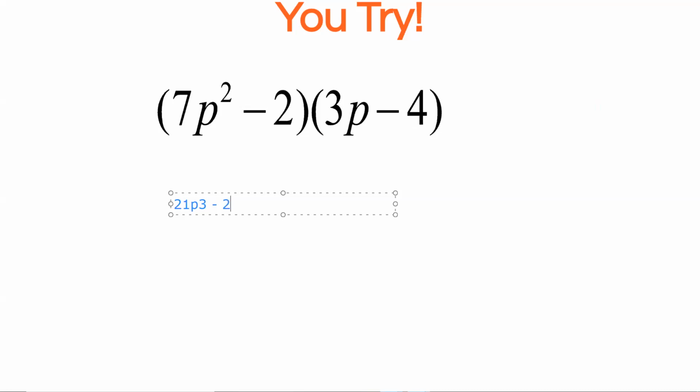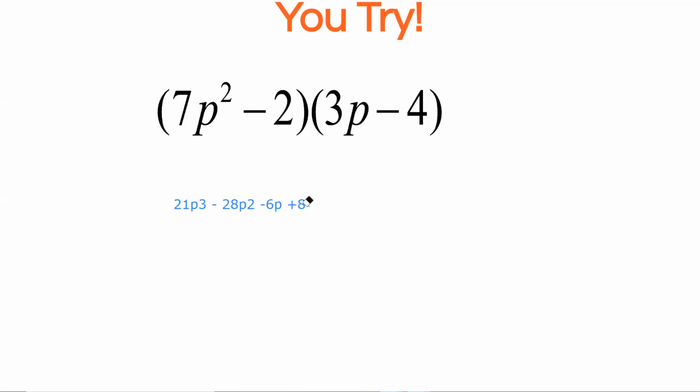Negative 28p squared. Awesome. And then we've got -2 times 3p, which is just going to be -6p. And then -2 times -4 is going to equal +8. So again, we might not combine all the like terms in the middle. If we can't, then we just leave it like that and you're done.